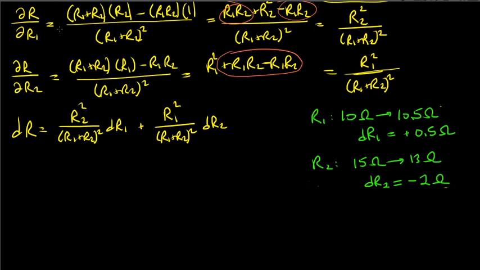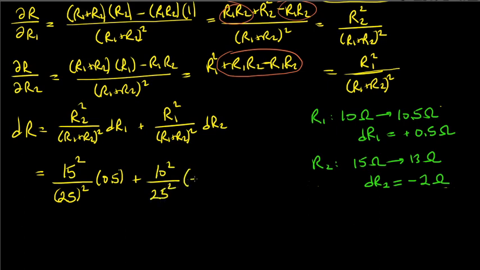And now, just plug in the numbers. R2 is 15, squared. R1 plus R2 is 10 plus 15, so that's 25, also squared. And dR1 is 0.5. We know everything here is in ohms. Plus R1 squared, that's 10 squared, divided by 25 squared. And then dR2 is negative 2.